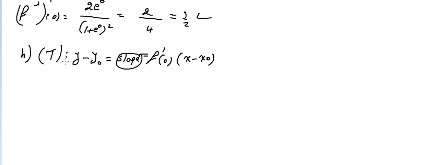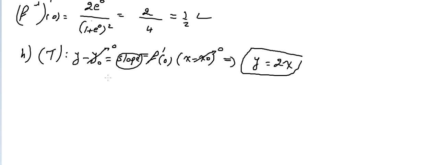We substitute 0 in the original derivative. And y0 is 0 and x0 is 0 because we are talking about the tangent at the origin. So y will be equal to x. Simply, that's it: y = x. This is the equation of the tangent at the origin to the curve C.